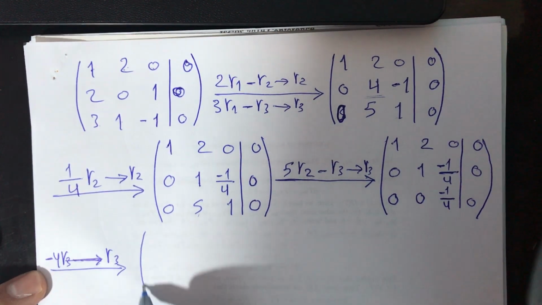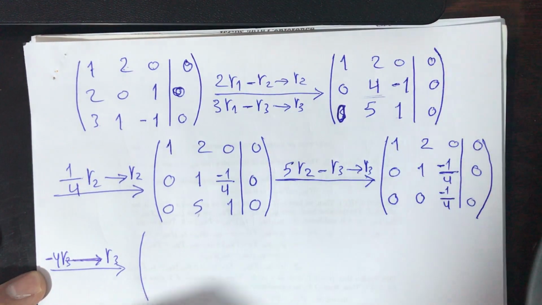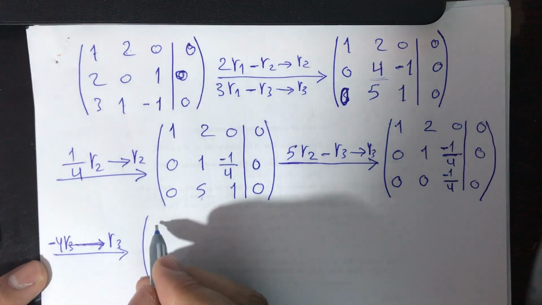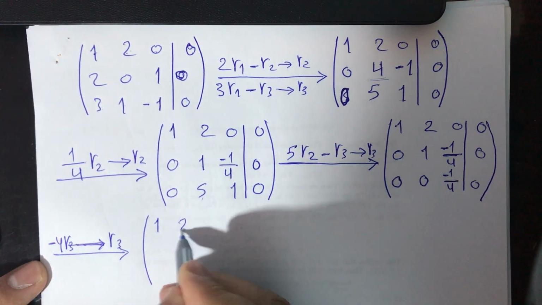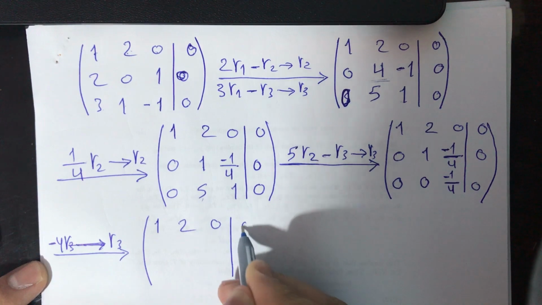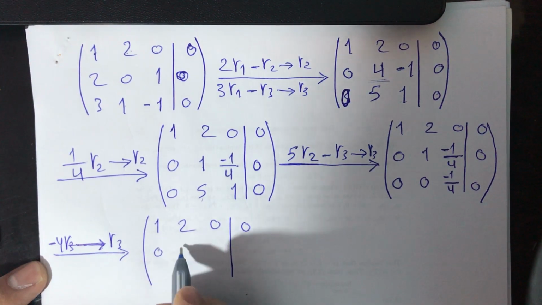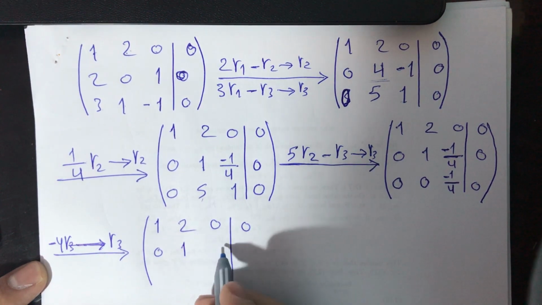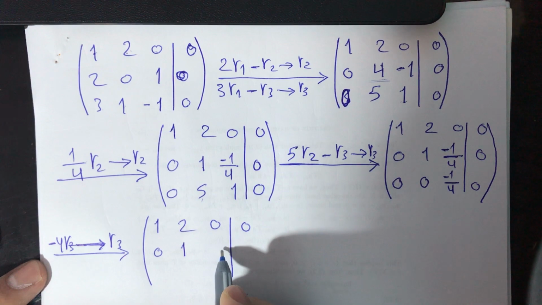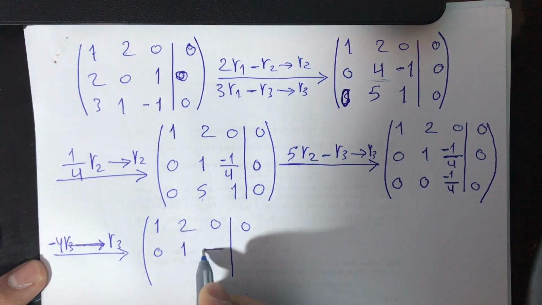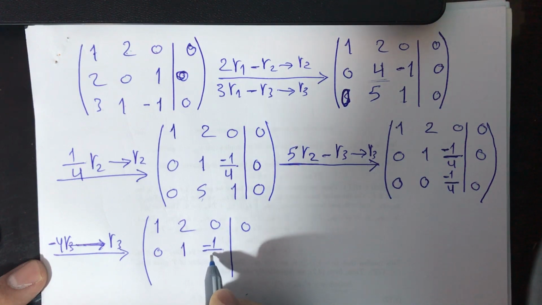This will be the same 1 2 0, and here 0, and here 0 1, and here minus 1 over 4.